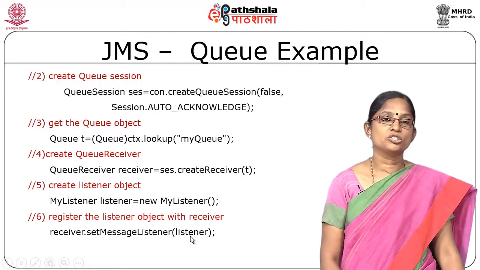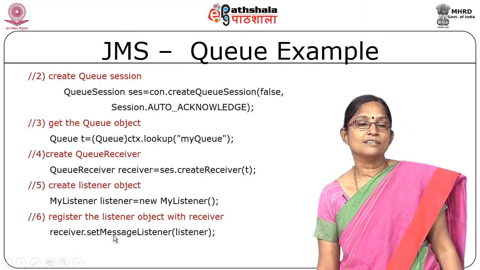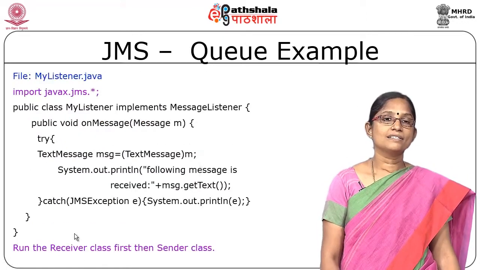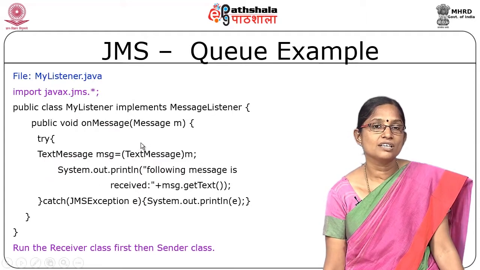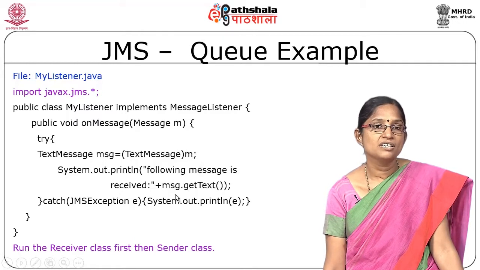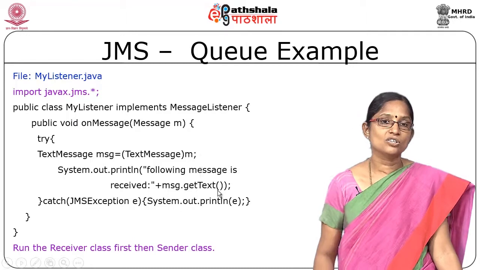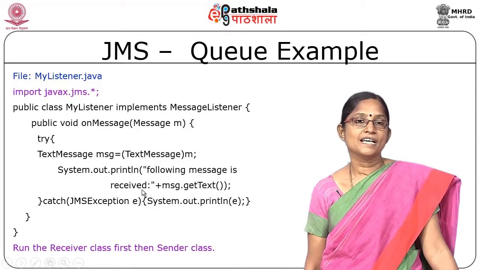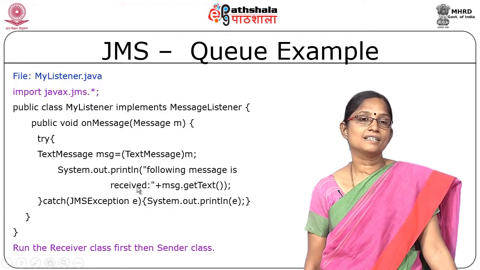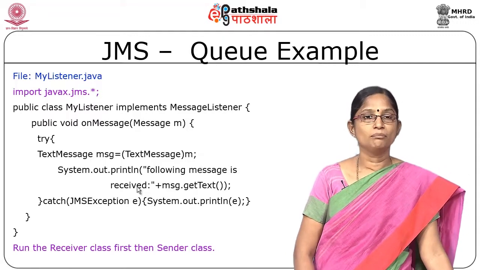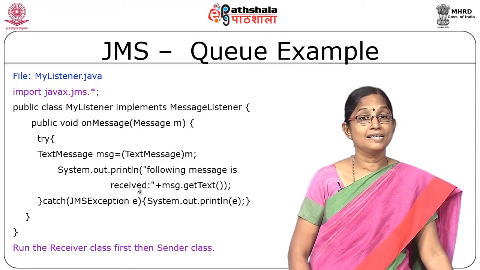Through setMessageListener, the handle for the receiver object is passed on, and it is received through the variable m, which belongs to the Message type. So, the m has been passed on to msg. From the msg we are calling the getter method to extract its text. Once the text has been extracted, the text is displayed. So, in order to make this implementation into a runnable version, first we have to run the sender class.